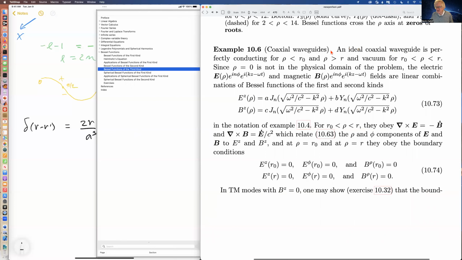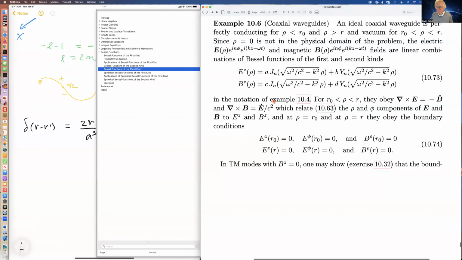So an ideal coaxial cable is, did I say, perfectly conducting for rho less than R0 and for rho greater than R, vacuum in between. Rho equal to 0 is not in the physical domain, so we have to use the Neumann Bessel functions as well as the ordinary Bessel functions.